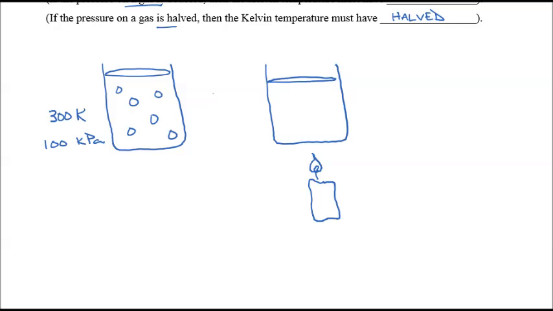We double the temperature to 600 Kelvin, and that will double the pressure to 200 kilopascals. But notice, there are still only 6 particles in the container. It's just that now they're moving much faster. They have much more kinetic energy.